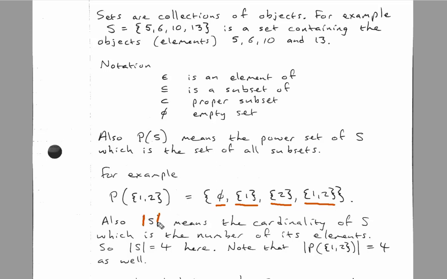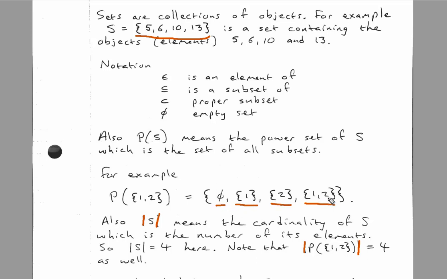This notation means cardinality, the number of elements of a set. So the set S has cardinality 4. And this power set also has 4 elements, so its cardinality is also 4. You have to be a little bit careful.